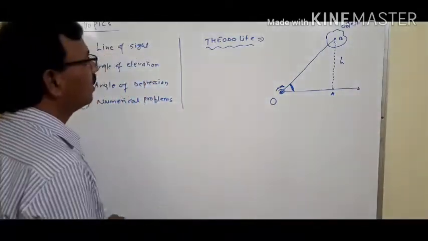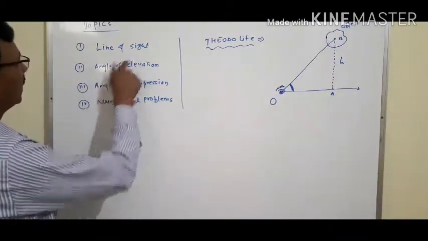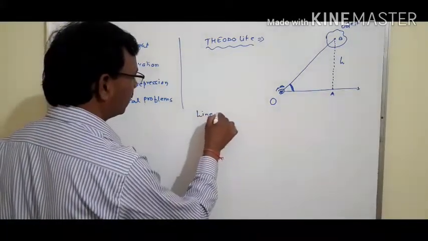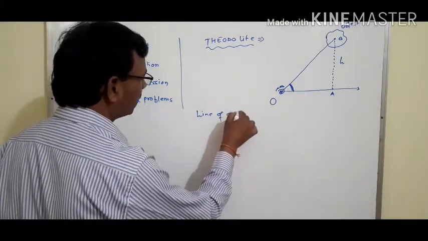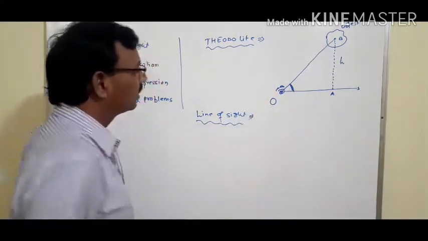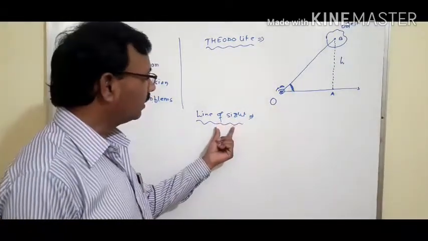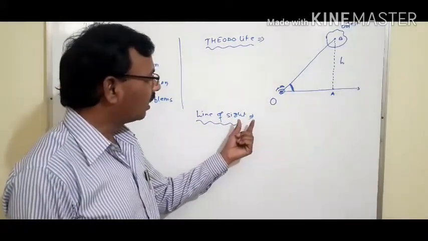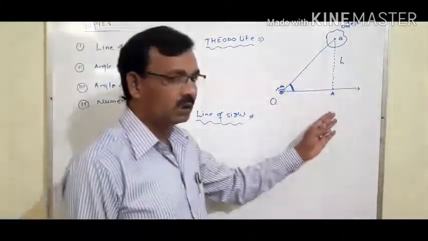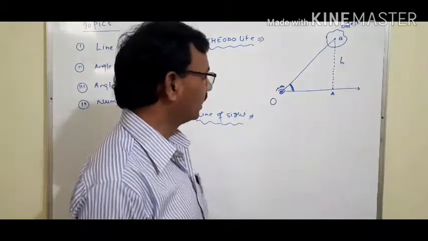Now, here we will take the first topic, line of sight. What is the line of sight? Line of sight is nothing but a line drawn from the eye of the observer to any point on the object.